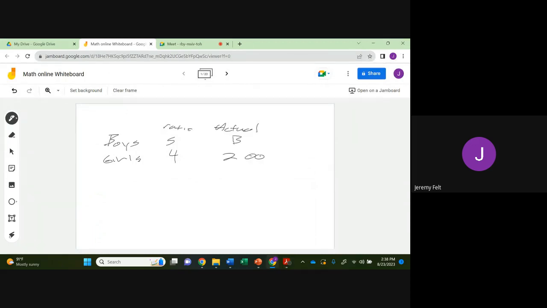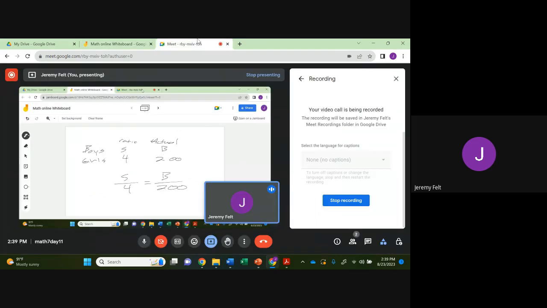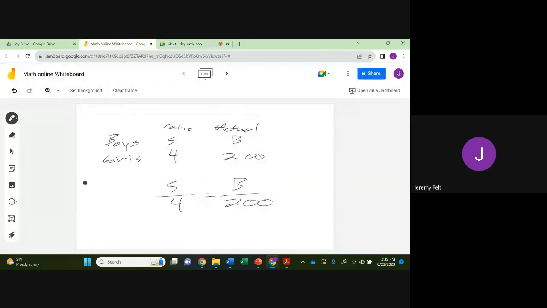Okay, so we want to know about boys. So 5 to 4 is equal to the number of boys to the number of girls, because that ratio doesn't change. This is just the most reduced version of whatever fraction we can come up with. They're still equal, so we cross multiply.